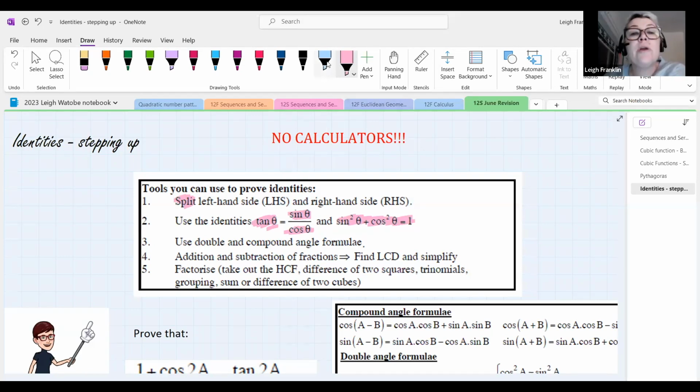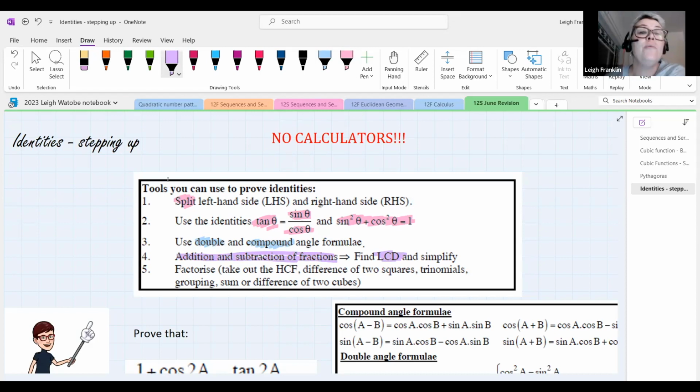Because you are in matric, you must expect double and compound angle formulae, so be on the lookout for those at all times. The other thing that you need to be able to do so often in trig is the adding and subtracting of fractions. Okay, so remember, when we add and subtract fractions, we have to have a lowest common denominator. So that comes up a fair amount as well.